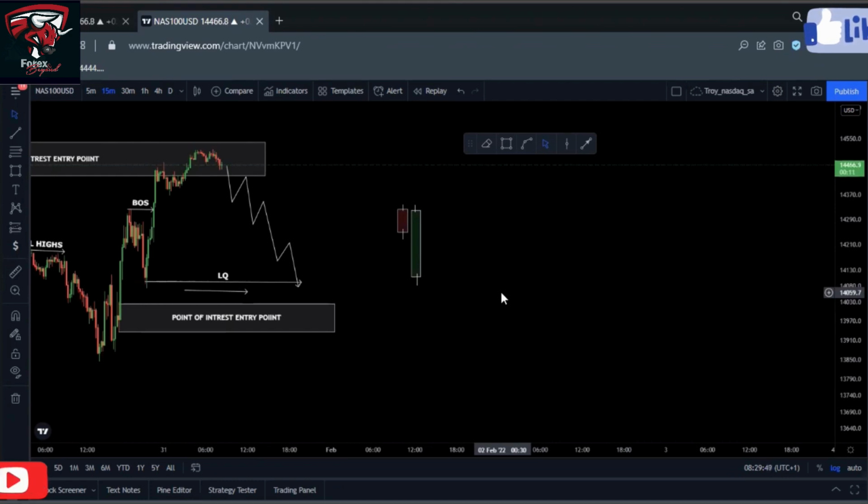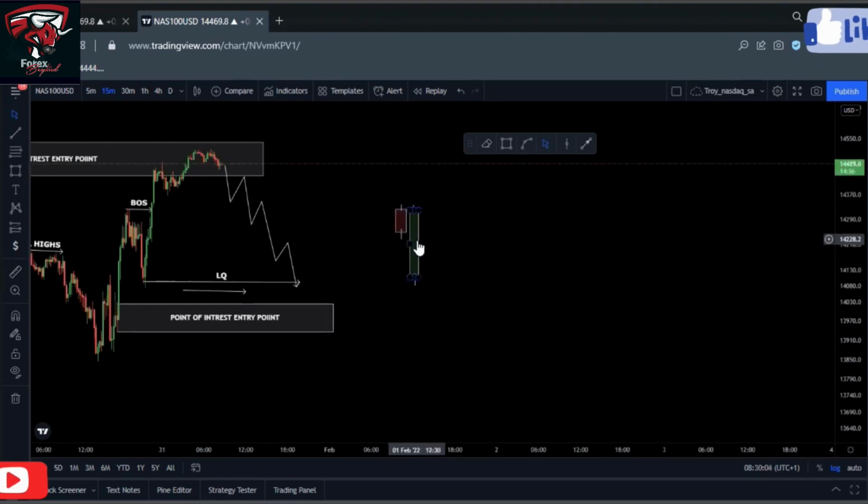Now, as I was saying, guys, this is the candlestick I'm talking about, the left candlestick before the one with the momentum. Even if it's not a momentum candle, the red candlestick before this one, that's your point of interest.